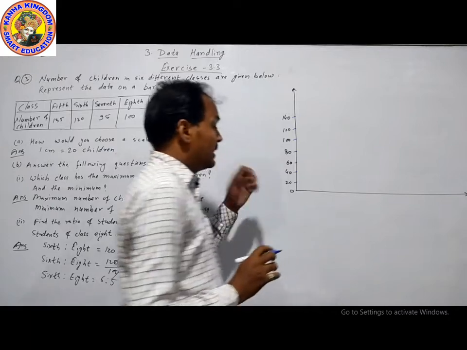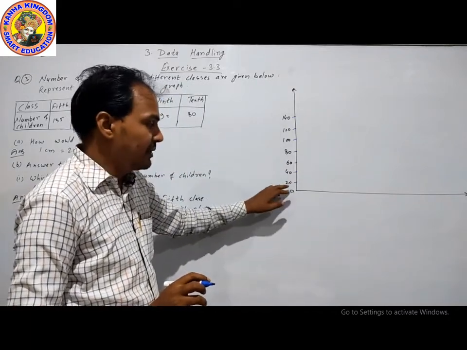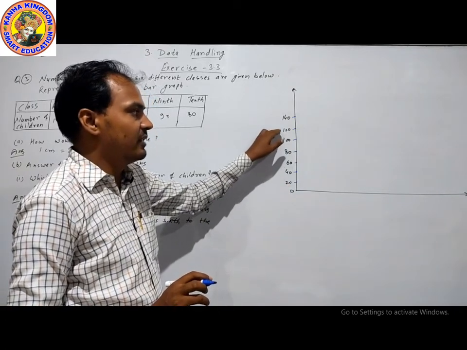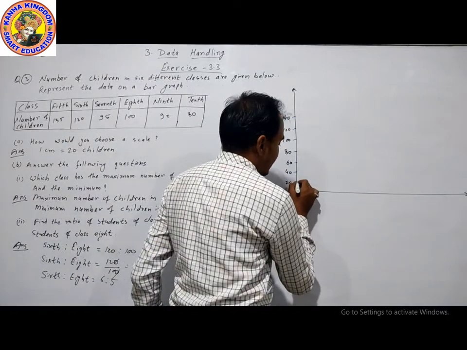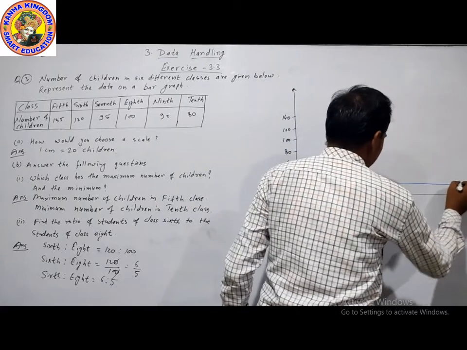Now in your copy the lines are already drawn. You will denote 20, 40, 60, 80, 100, 120, 140. You need not draw the lines. Lines are already drawn in your copy.